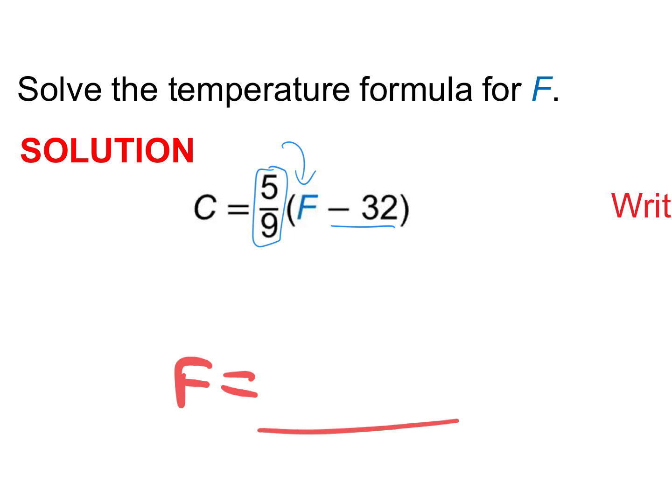We did an example like this earlier in this video. To get rid of a fraction that's being multiplied, you want to multiply by its reciprocal. So let's multiply by 9 over 5 on both sides.